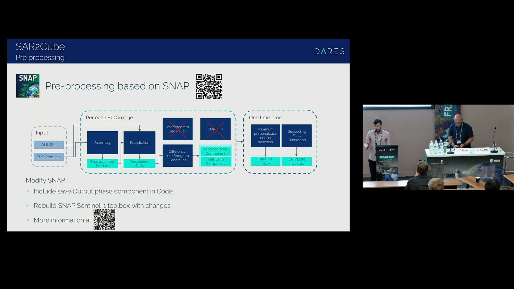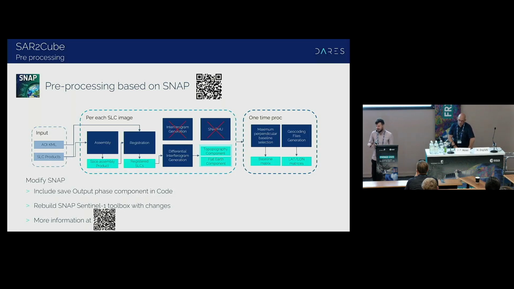Back in 2021, we did a workaround to retrieve the geometrical phase component, but then we modified the code in Snap. So I will ask Michael maybe to do this update in the next Snap to save the geometrical phase component, that is the topographical and flat earth component. Thank you.